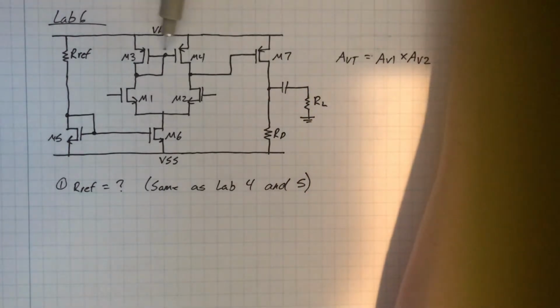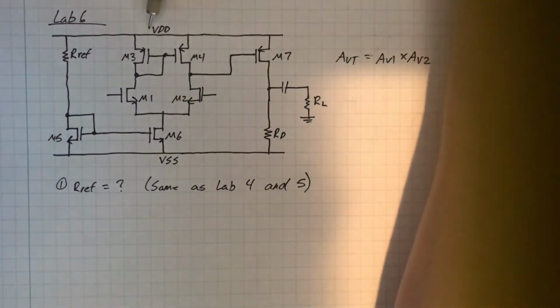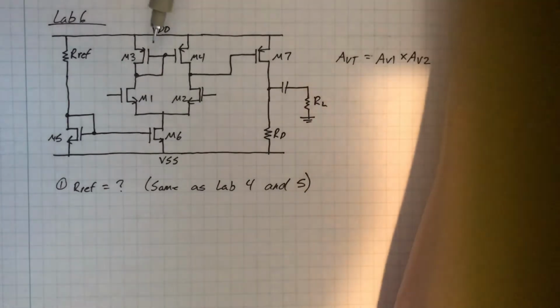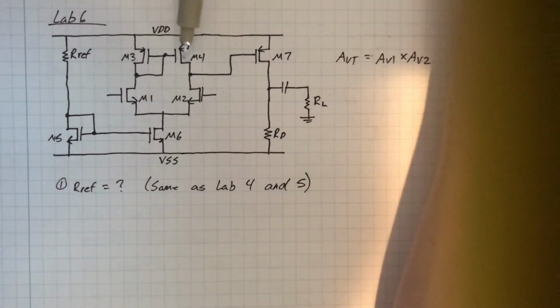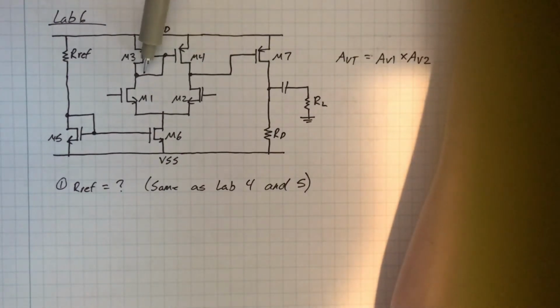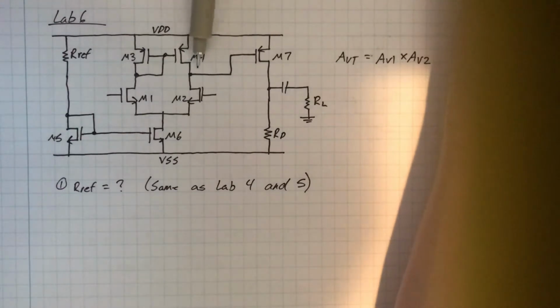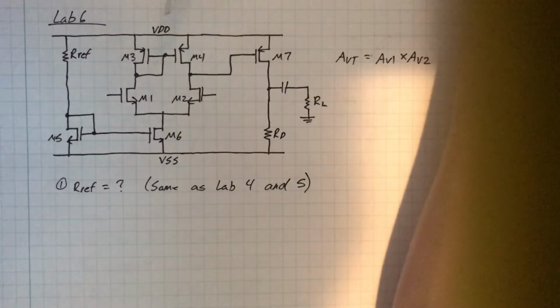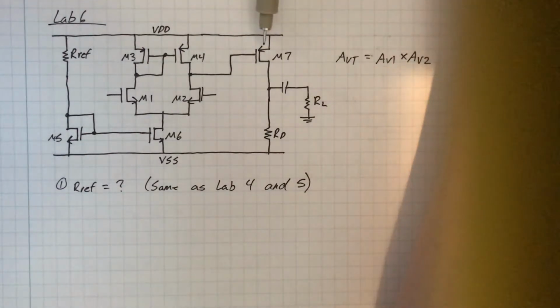VGS is the same because they have the gates connected together and the sources are connected to VDD. So as long as everything is matched, the drain voltages will also match. And so this gate voltage will be the same as the VDS voltage here, which sets the gate voltage and VGS of M7.